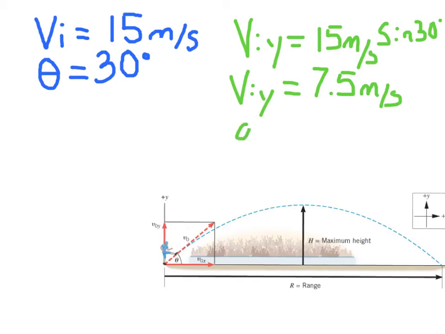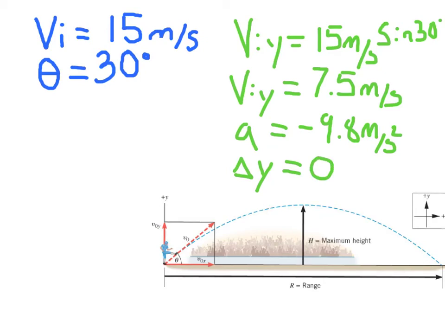Our acceleration is equal to negative 9.8 meters per second squared. And our delta y is just 0 because the ball lands back down on the ground.